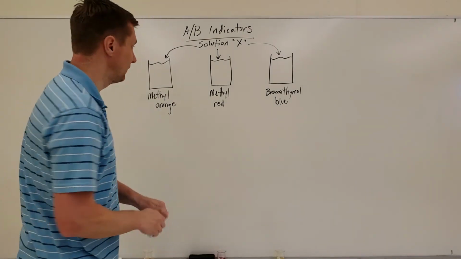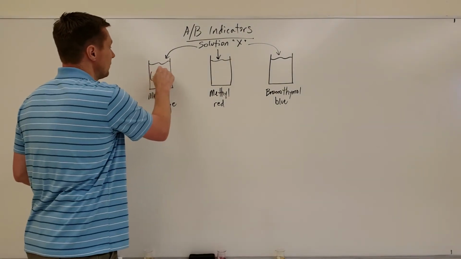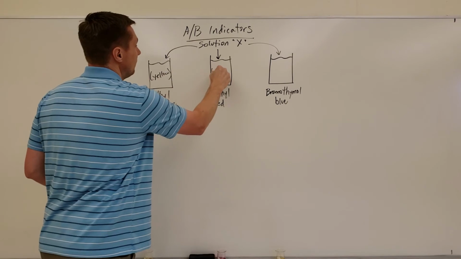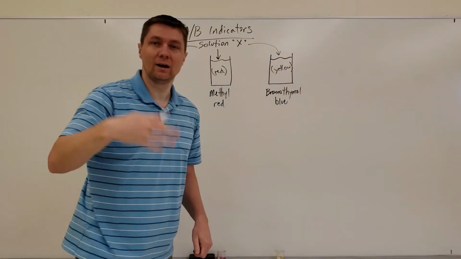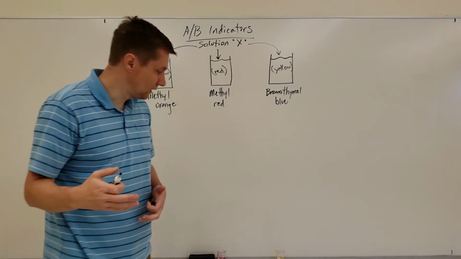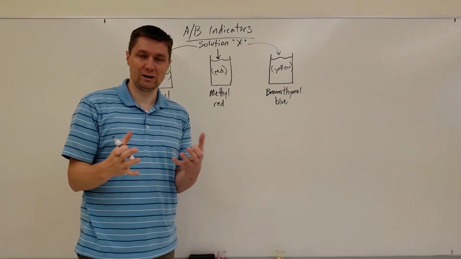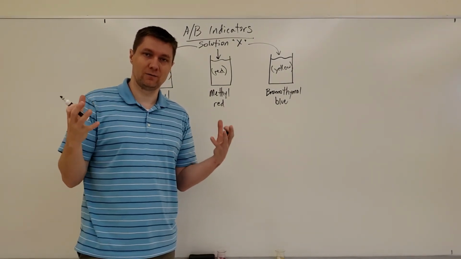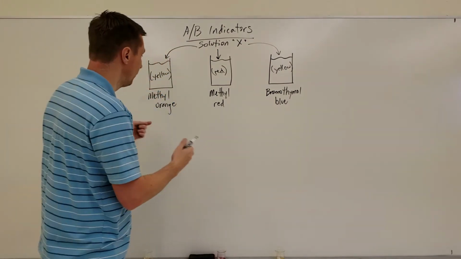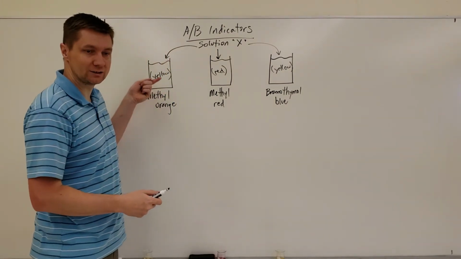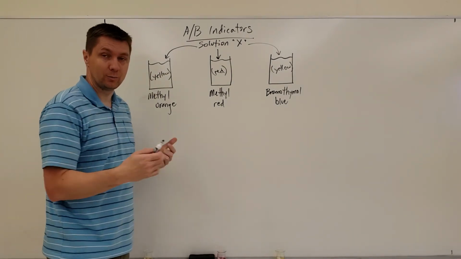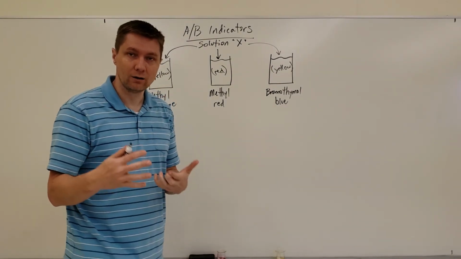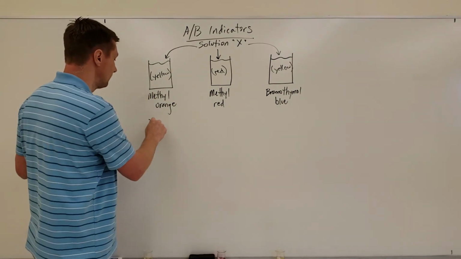Now what you can do with this is indicate what these colors are: yellow, red, and yellow. Then go into your data booklet on page 6, and you can identify what the pH of this solution is. We know that methyl orange, when it's yellow, means the solution is going to have a pH of greater than 4.4.